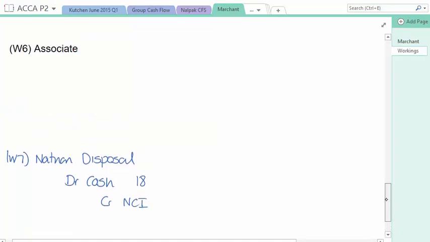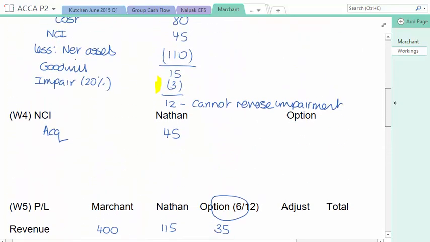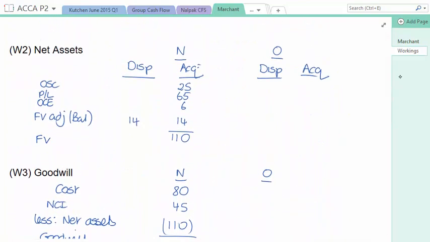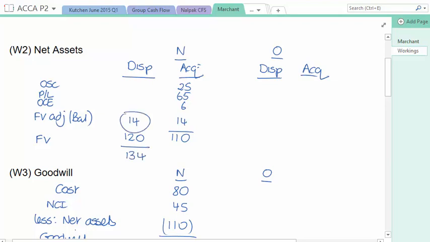But we need to be a little bit careful here. Let's just read the question. And this bit is really messy, really unpleasant. It says the carrying value of the net assets in Nathan was 120 million before any adjustments. So therefore, if we add on our consolidation adjustment of 14 million, the net assets are worth 134 million.